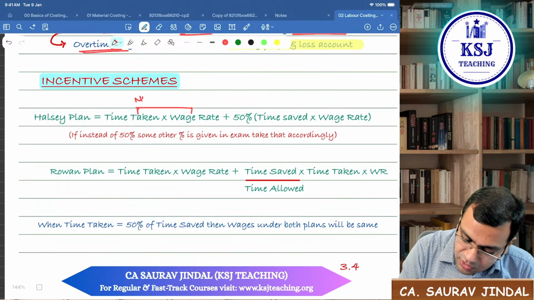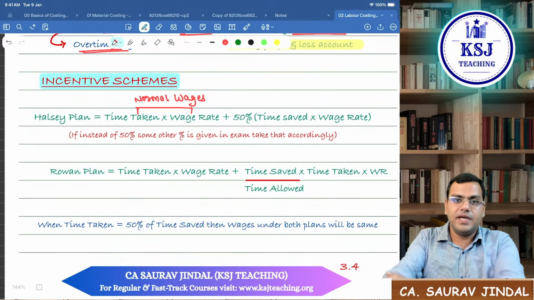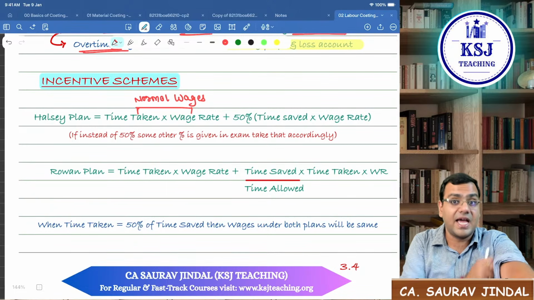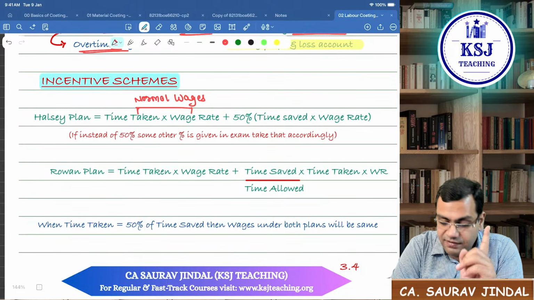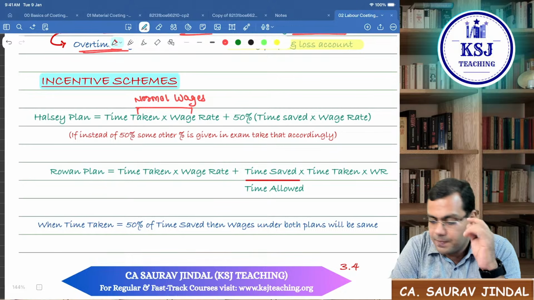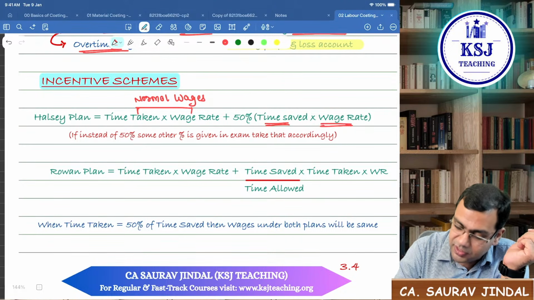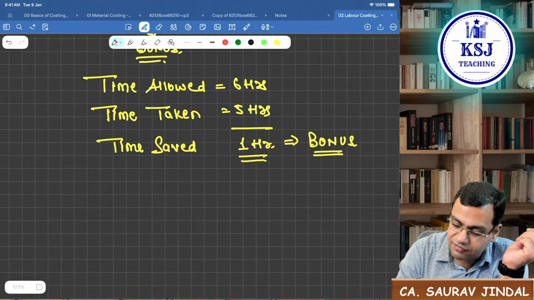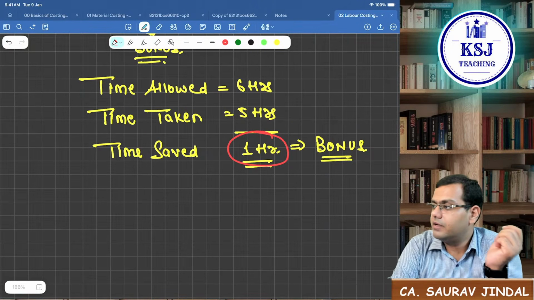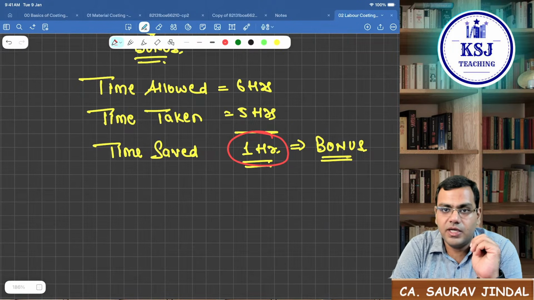This is your normal wages. The worker is working for 5 hours, so actual time taken, 5 hours, into whatever is the wage rate. Plus, for the time saved into wage rate, for this 1 hour, he is asking for a bonus.